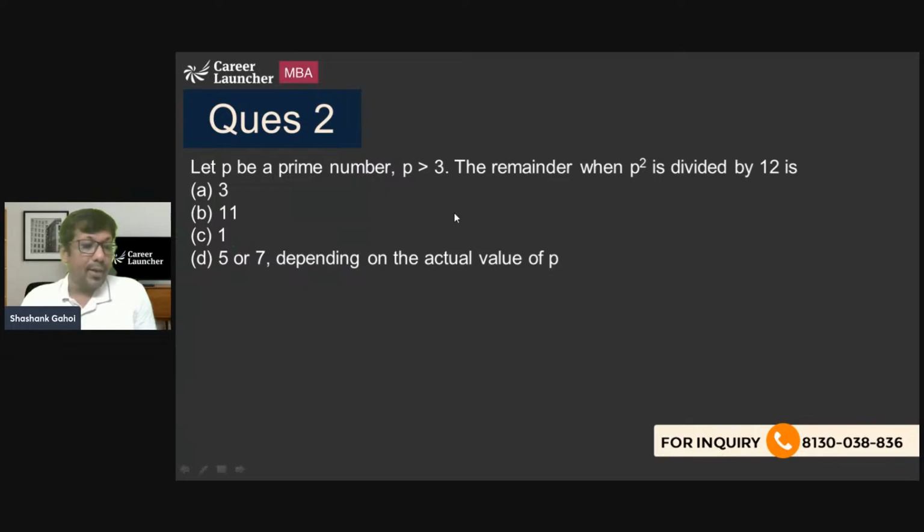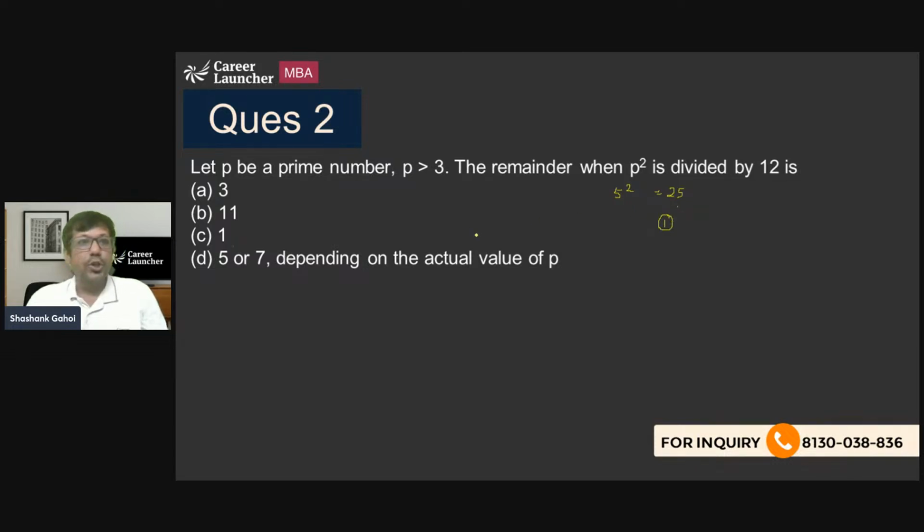What is the approach that we are going to take here? I am simply going to take p as 5. So 5 square is 25. If I divide 25 by 12, my remainder comes out to be 1.